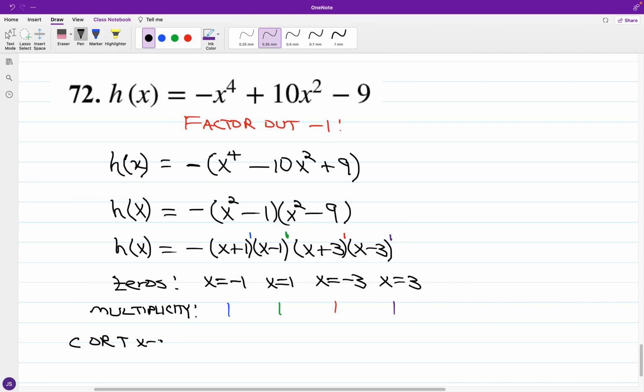And in terms of whether the graph crosses or touches the x-axis, in this particular case, it's going to cross at all 4 of these zeros.